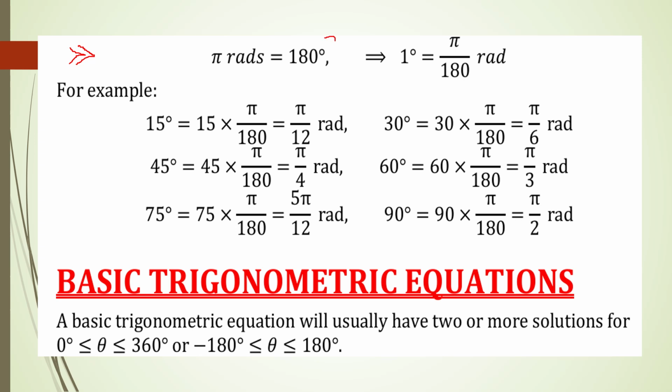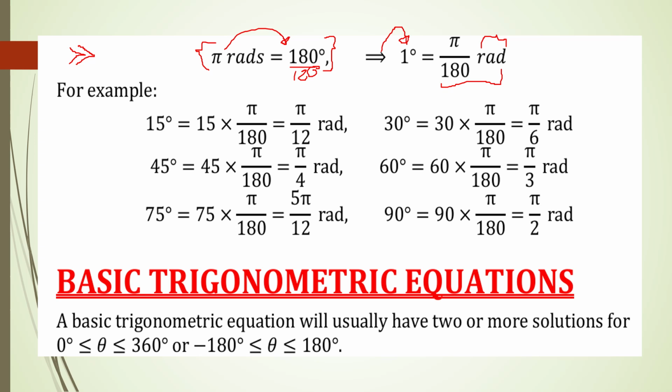And you're going to use the expression that pi rad is going to be equal to 180 degrees. So we get how many radians are in 1 degree simply by dividing through by 180. When you do that, we come up with 1 degree being the same as pi divided by 180 radians, which can be abbreviated as rad.